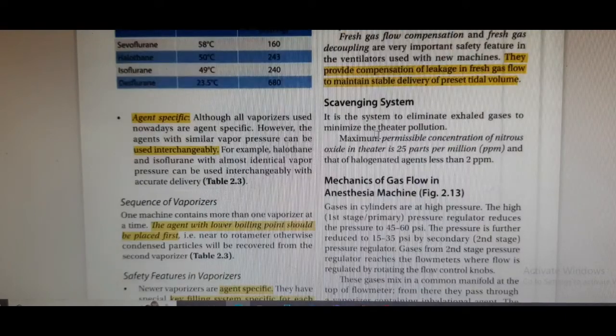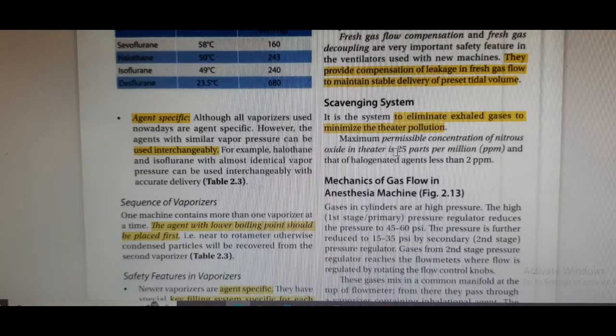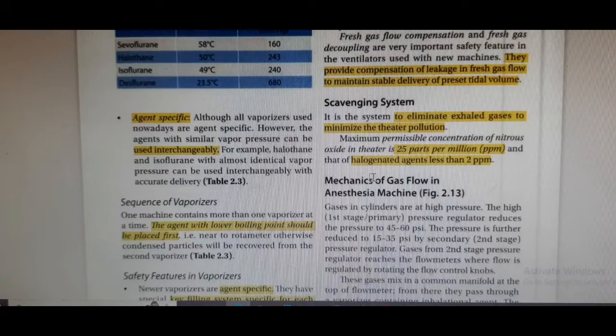Then the scavenging system. This scavenging system is adopted to eliminate the exhaled gas from the patient to minimize theater pollution. The maximum permissible concentration of nitrous oxide in the theater is usually 25 parts per million, ppm, and that of halogenated agents should be less than 2 ppm. So the operation theaters must maintain a scavenging system in order to avoid pollution from nitrous oxide or halogenated agents.